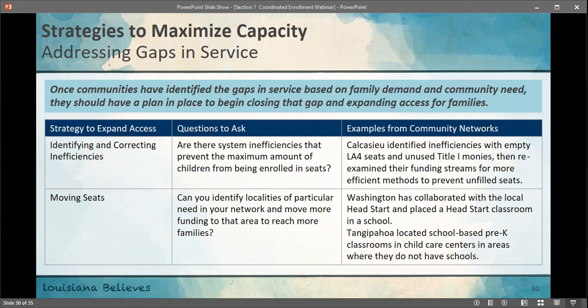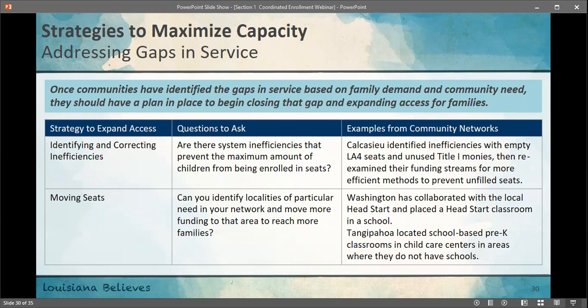So in thinking about whether or not this strategy might work in your community, you should be asking yourself, are there system inefficiencies that prevent the maximum amount of children from being enrolled in seats? For example, we've seen Calcasieu Parish do this effectively. Calcasieu identified inefficiencies with empty LA4 seats and unused Title I monies.